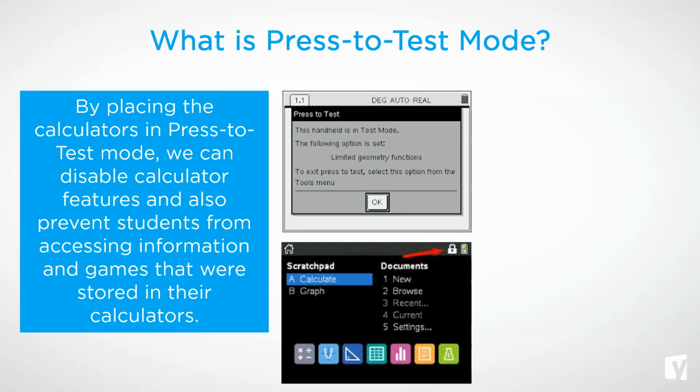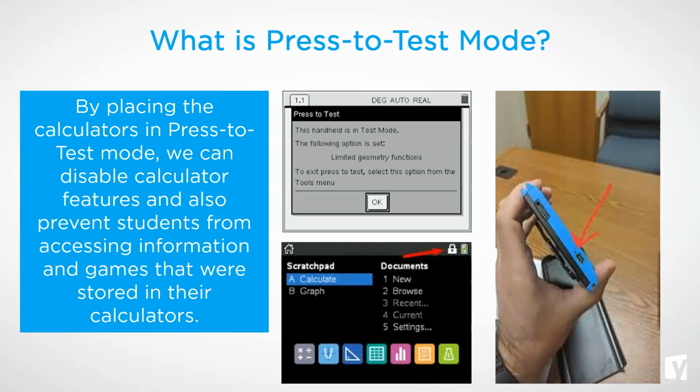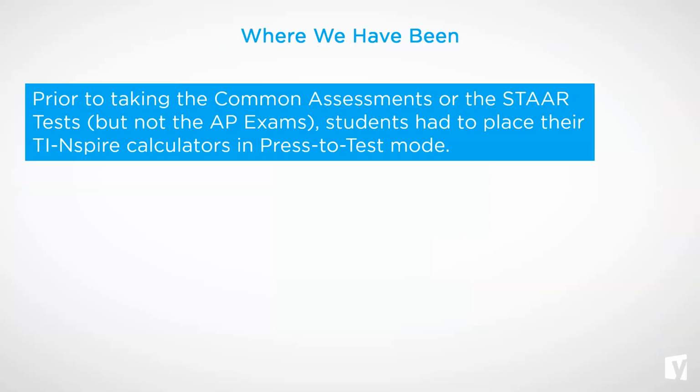You can also see on the main screen that there's going to be a little lock in the top right-hand corner. And lastly, the thing that is most easy to identify is that on the very top of the calculator, there's going to be a blinking light. So these are three ways you can tell if a calculator is in Press-to-Test mode. And there's going to be a quick check for understanding on this later, so keep paying attention.